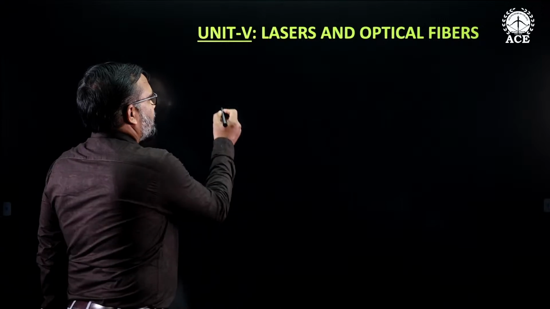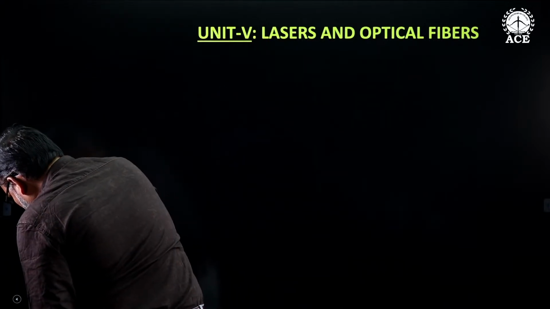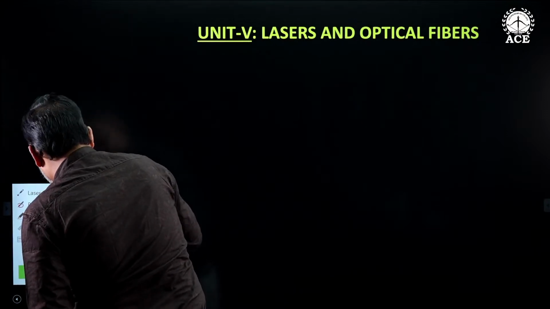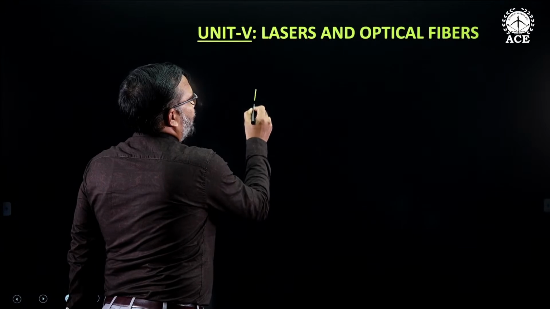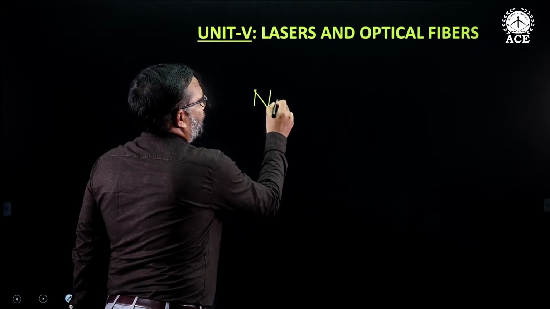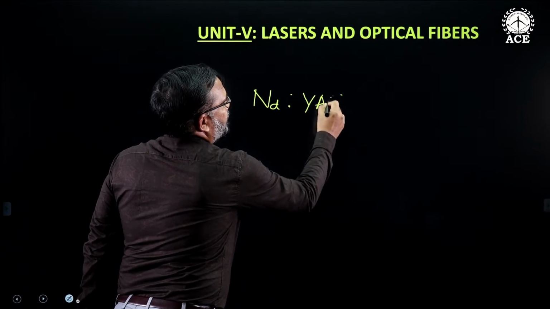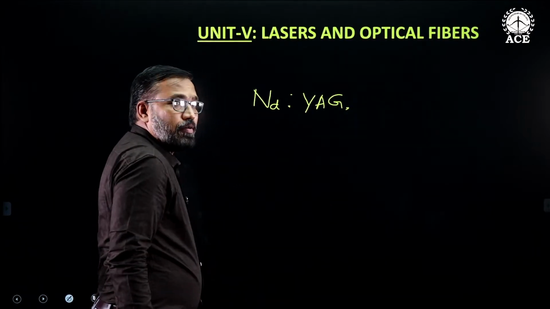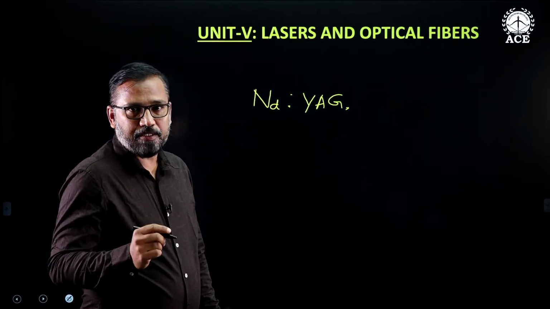So what are the different lasers that I'm going to explain? The Nd-YAG laser. What is this? In our previous class, I explained the ruby laser, which is a solid state laser.